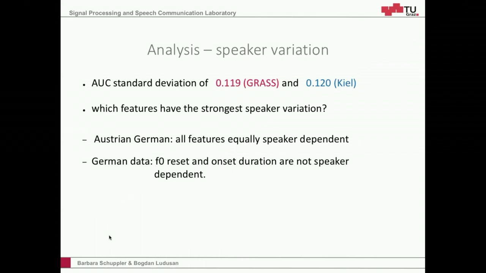There we also found a very interesting difference: in the Austrian German data, all features are speaker dependent. All four acoustic features vary significantly among all speakers. In the German data, F0 reset and onset duration were not speaker dependent, or at least not significant.